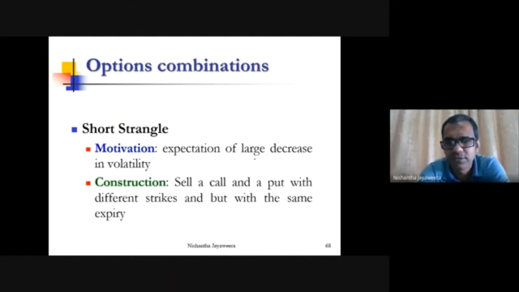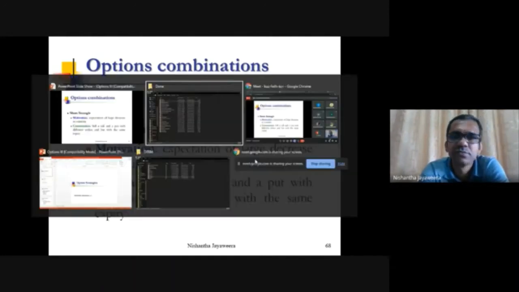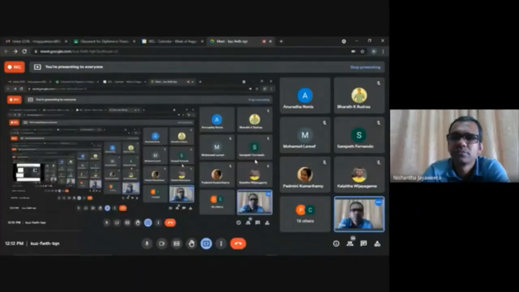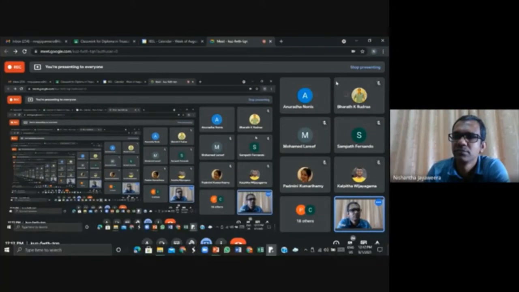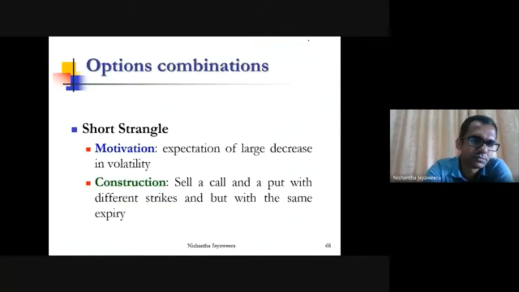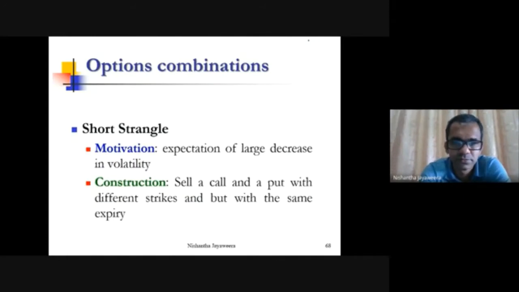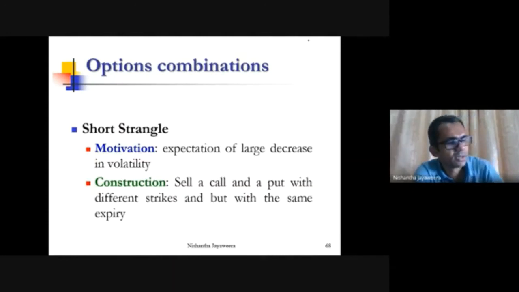You know how to draw the profit diagrams. Then the matter is how you combine two profit diagrams. Any questions?